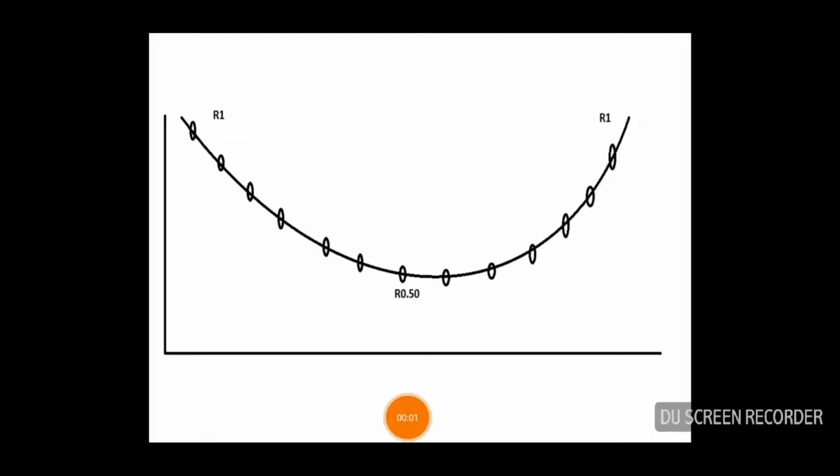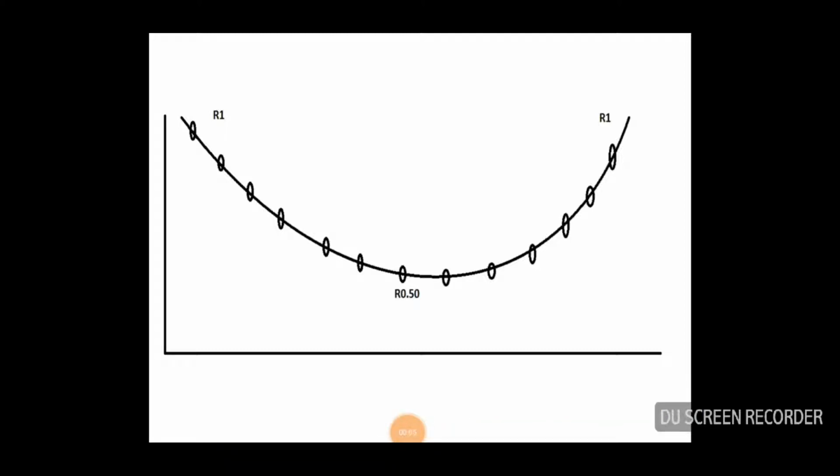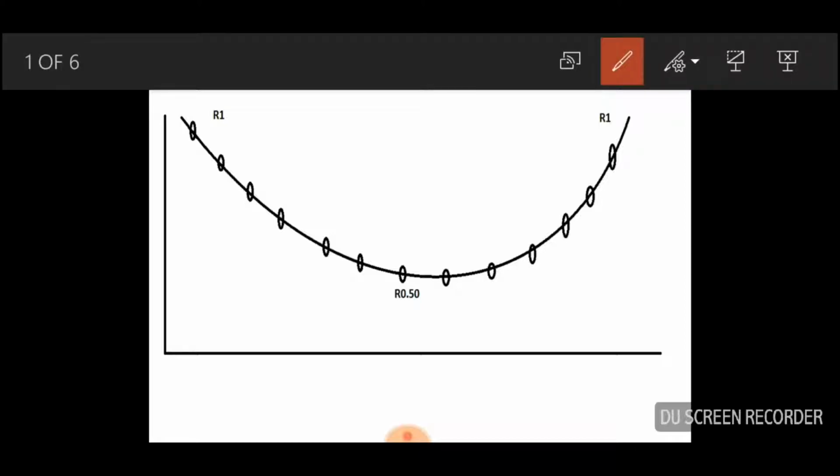All right, so let's jump into rand cost averaging. Basically how this works is it just shows a simple graph of when you start to buy units at R1 a unit, and every month or every year you buy a unit but at a lower price. So in the middle of the zone, you will see that maybe your units have even dropped to 50 cents a unit from R1.